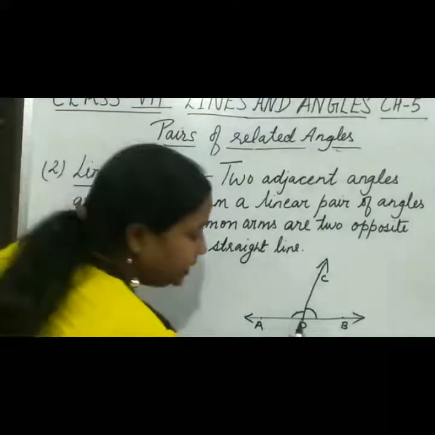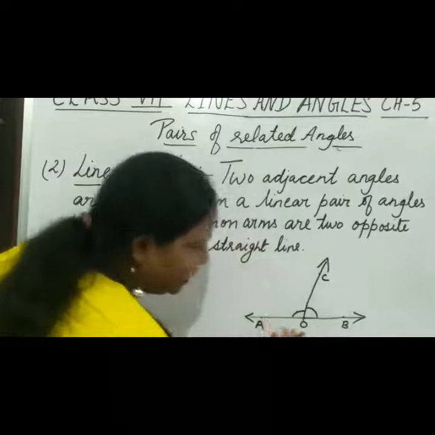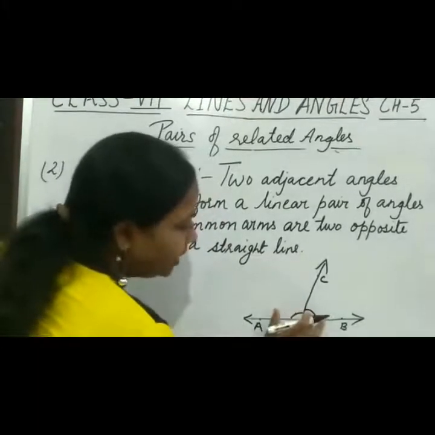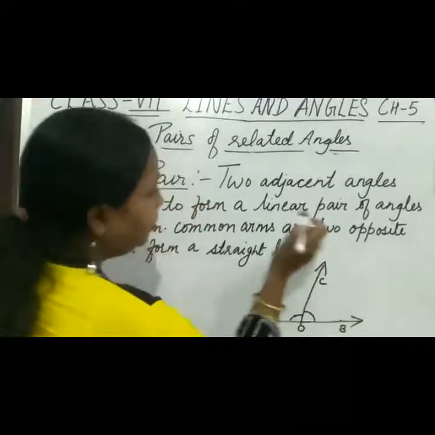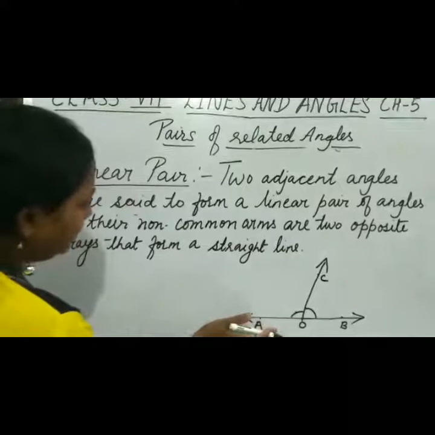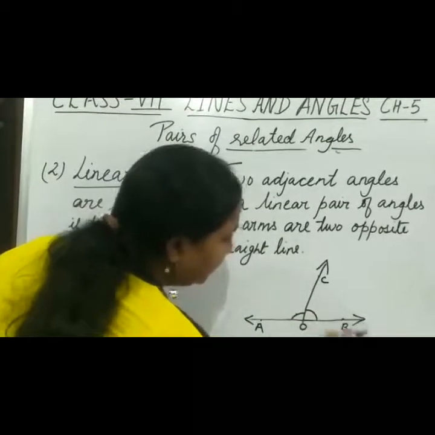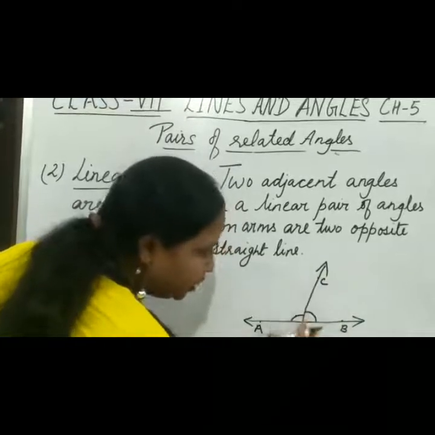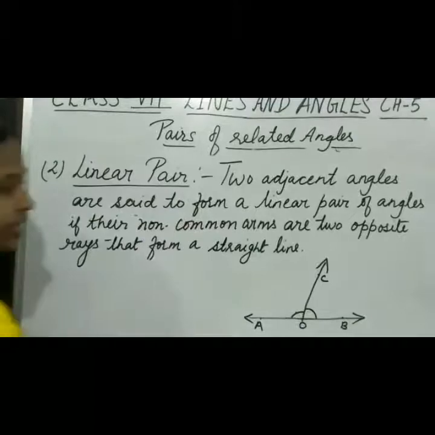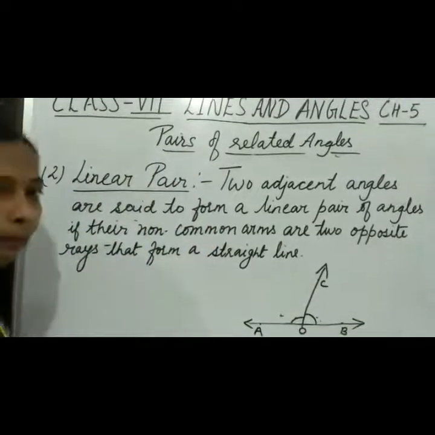But you can see one main thing here, that these two opposite rays are making a straight line here. So whenever two adjacent angles are making a straight line, and their non-common arms are on the opposite side of the common arm and they are forming a straight line, then we can say that these two angles are forming a linear pair.